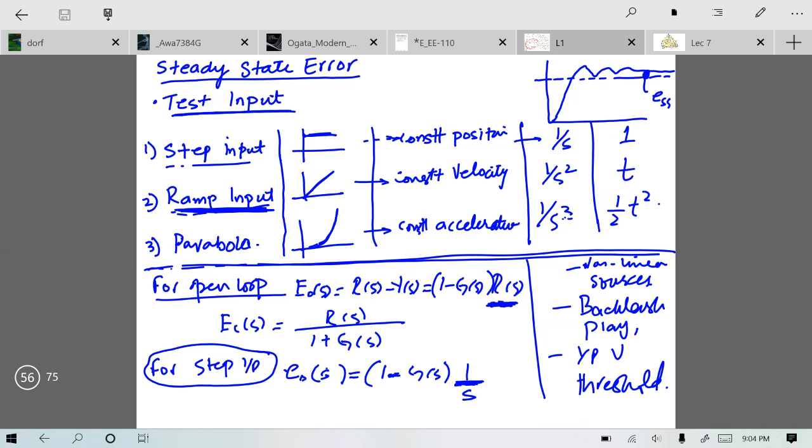If you remember, we discussed something called the final value theorem in previous lectures.